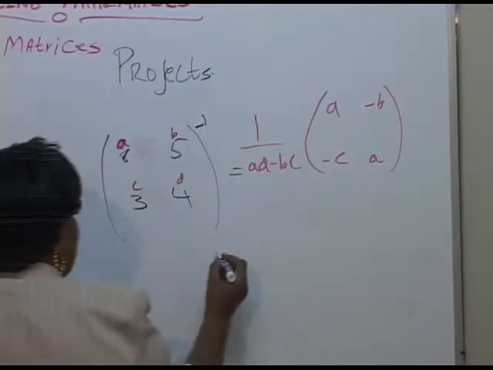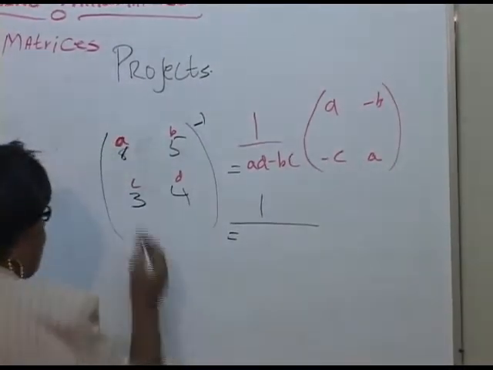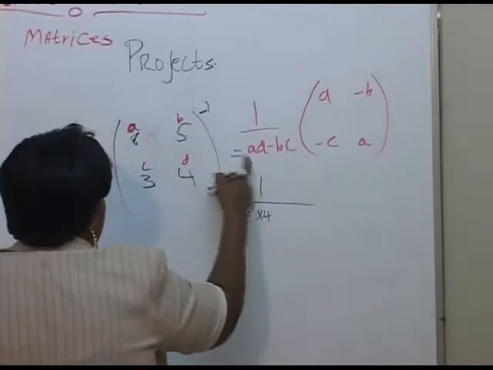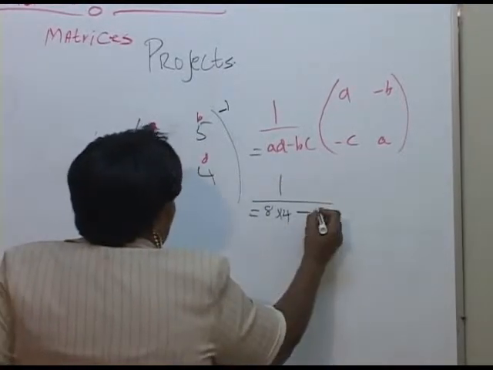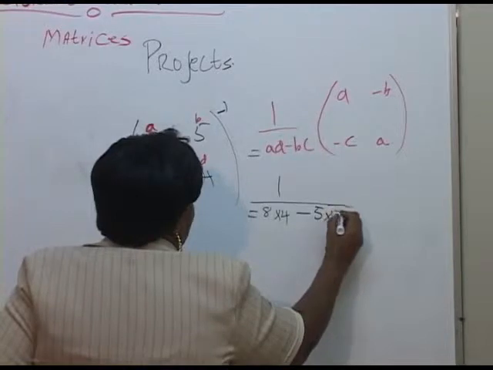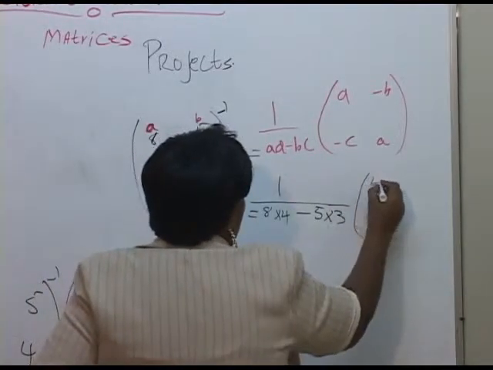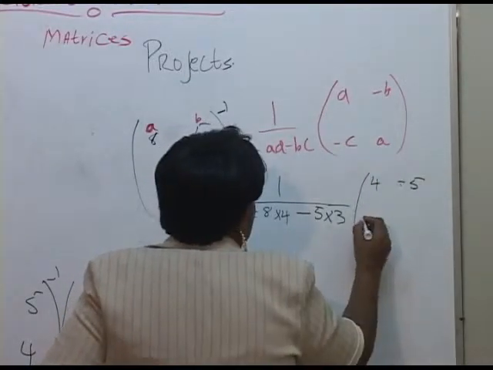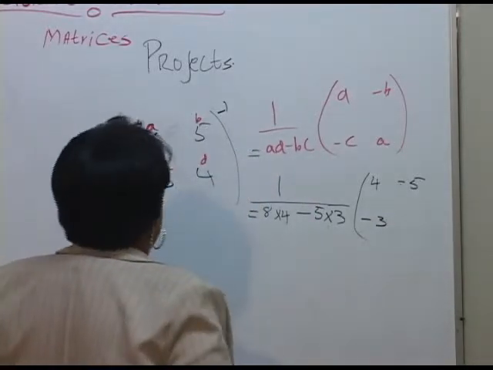So then it would be equal to 1 over, so we're finding the determinant, and it is 8 times 4, A times D, minus B, 5, times C, which is equal to 3. Okay, and then it is D, 4, negative 5, negative 3, and then A, which is equal to 8.